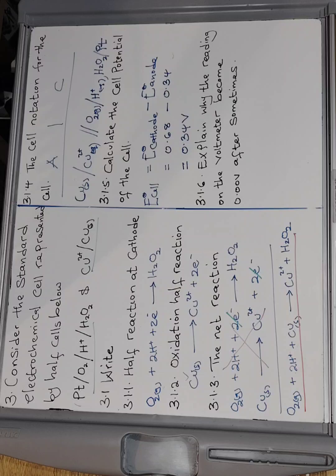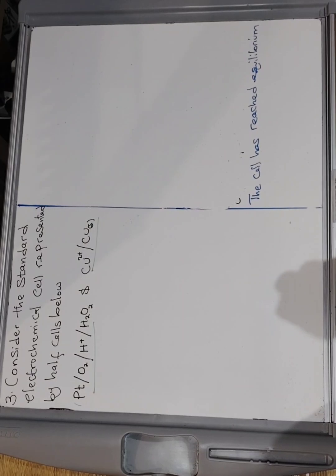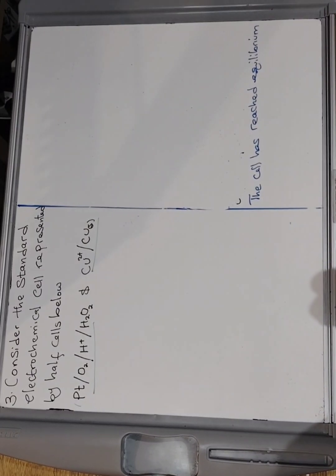But once the reaction reaches equilibrium, it means that the cell potential is 0. There's no potential difference. So what's the answer to this one? The reading becomes 0 because the cell has reached equilibrium.